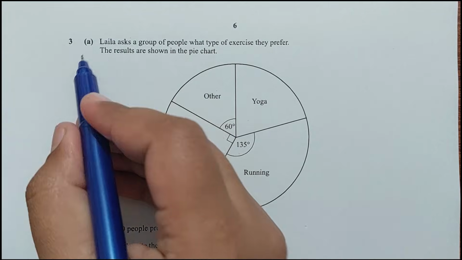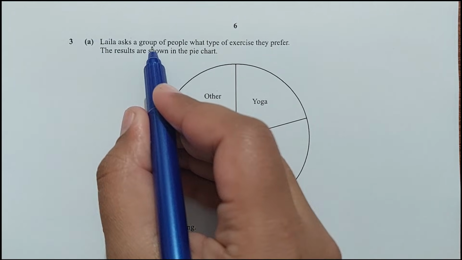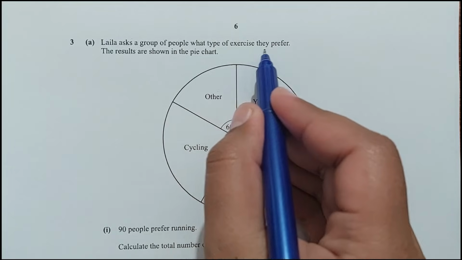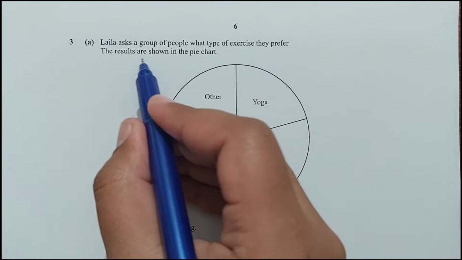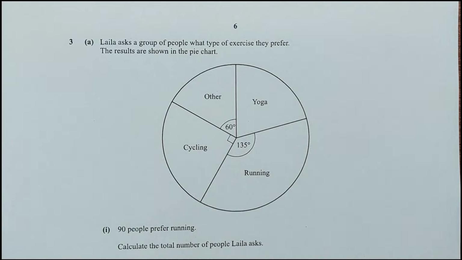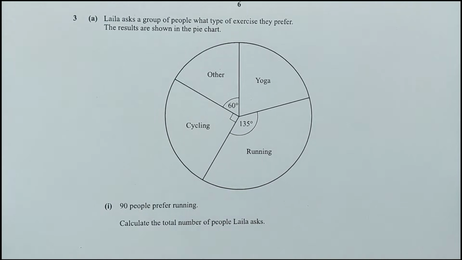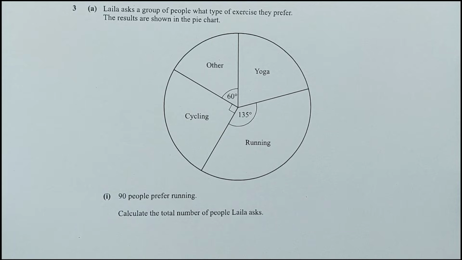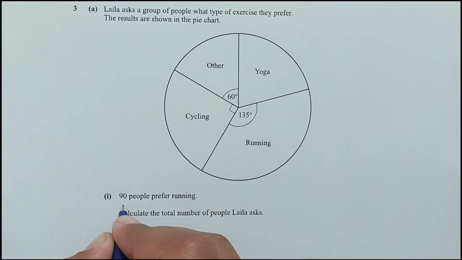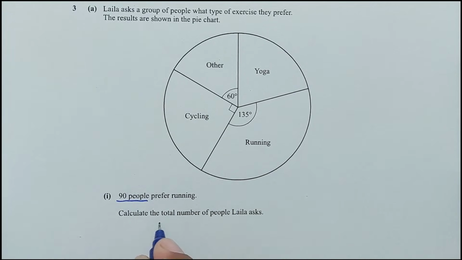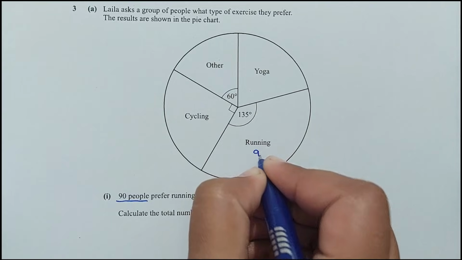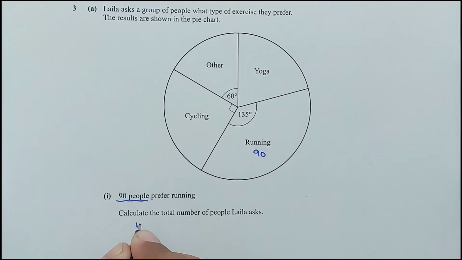Now for question number 3, part A. Leila asked a group of people what type of exercise they prefer. The results are shown in the pie chart: others, yoga, running, and cycling. Number 1, 90 people prefer running. Calculate the total number of people Leila asked. Running is 90 people, which is 135 degrees.